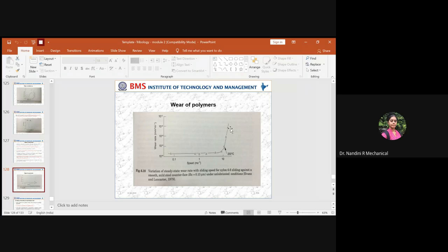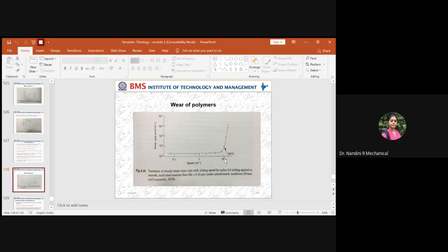Once 10 meters per second was crossed, you had an enhancement in the wear rate. Why? Here it also shows the effect of temperature. Even the temperature has been enhanced, and when the temperature was enhanced, it helped in increasing the wear rate. That shows that every material has a consistent wear rate at room temperature.